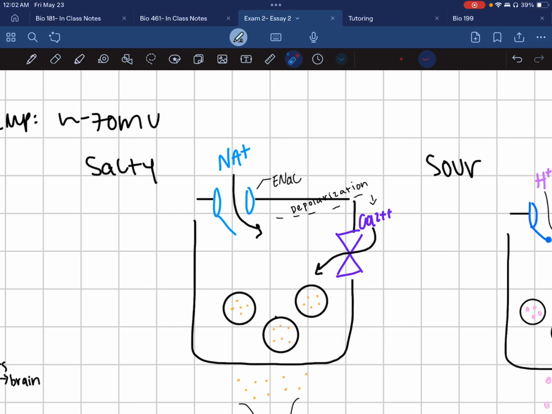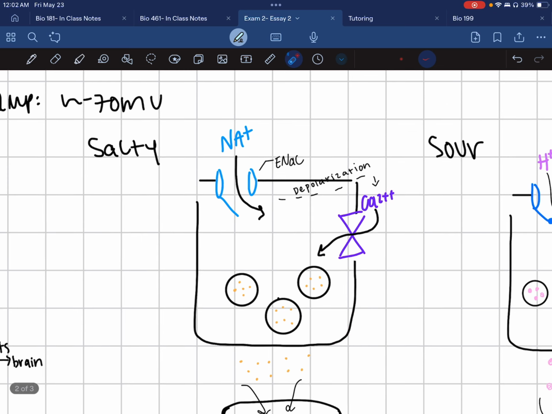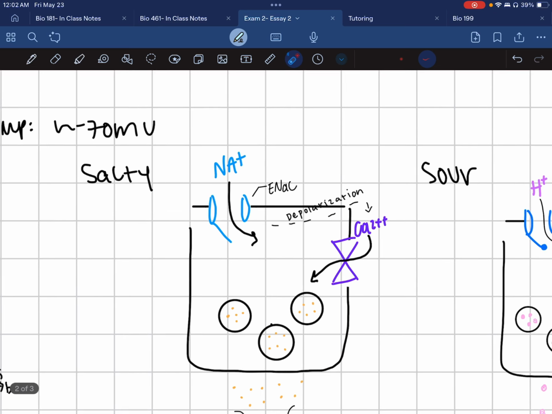The substance is dissolved in the saliva up here, and then it interacts with the apical membrane of the cell, and then it increases the movement of positive charged ions across the membrane. So for saltiness, sodium is going to enter the cell through these ENaC channels, which are electrically gated sodium calcium channels.